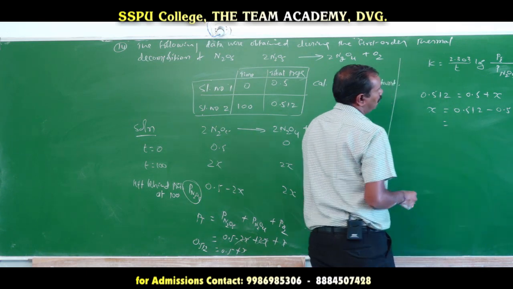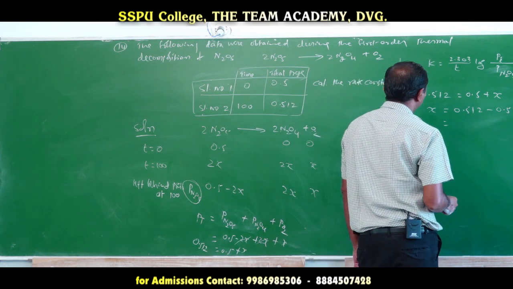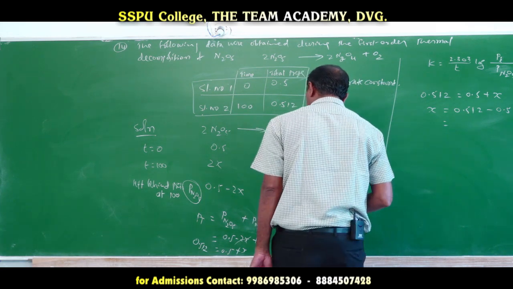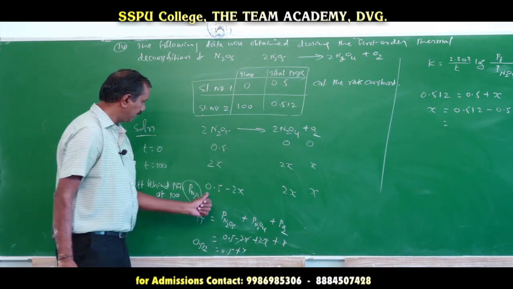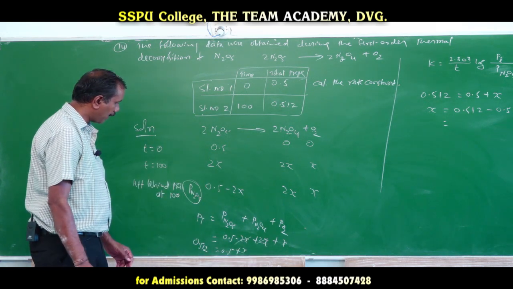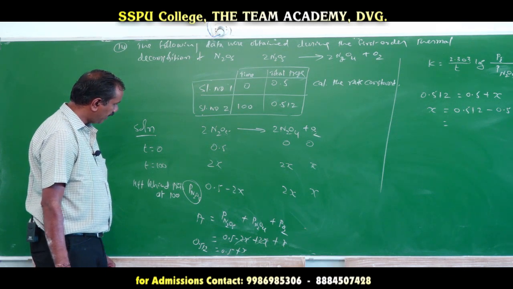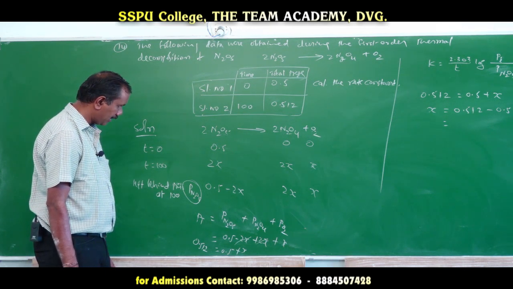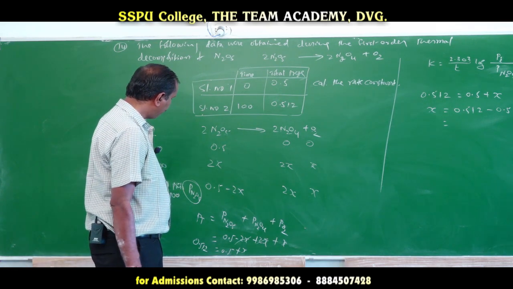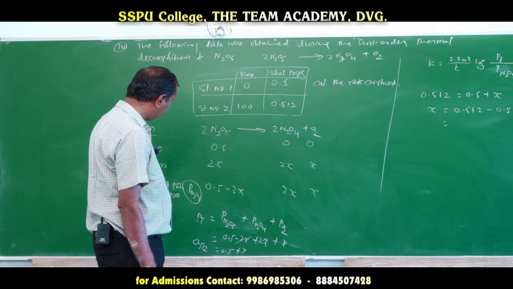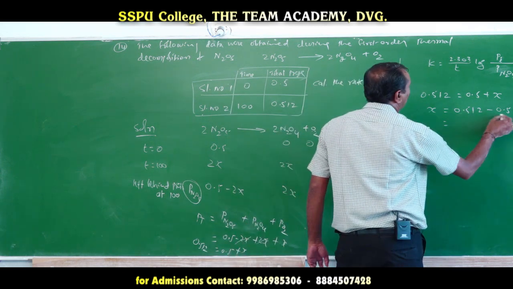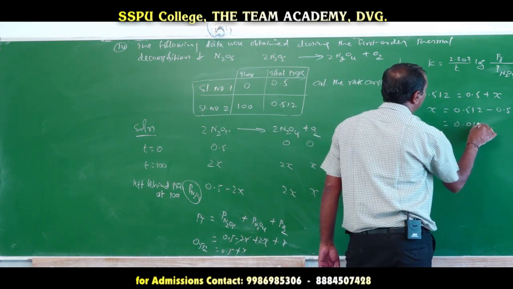Sorry, 0.5 minus 2x plus 2x plus x; the 2x cancel, leaving 0.5 plus x equals 0.512. So the x value is nearly 0.012.